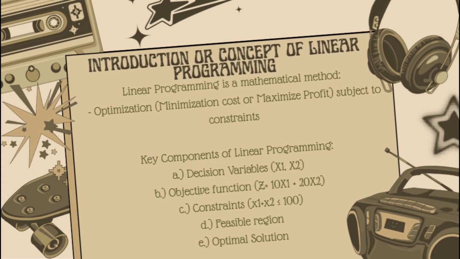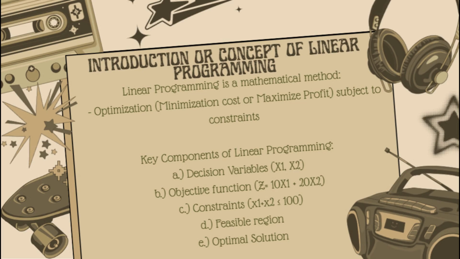Here, there are 5 key components of linear programming: decision variables, objective function, constraints, feasible region, and optimal solutions. The decision variables are the unknown values that you want to determine, while the objective function is a linear equation that you want to maximize or minimize.